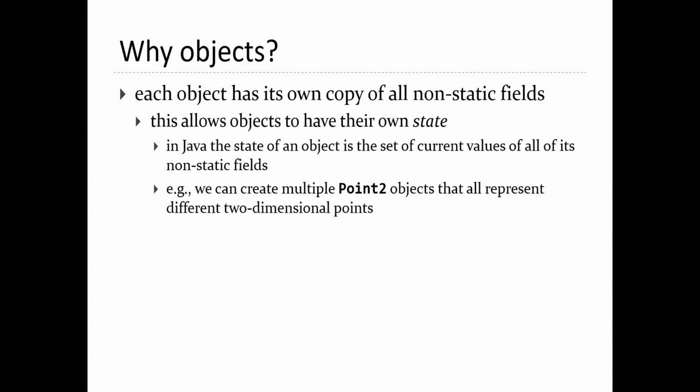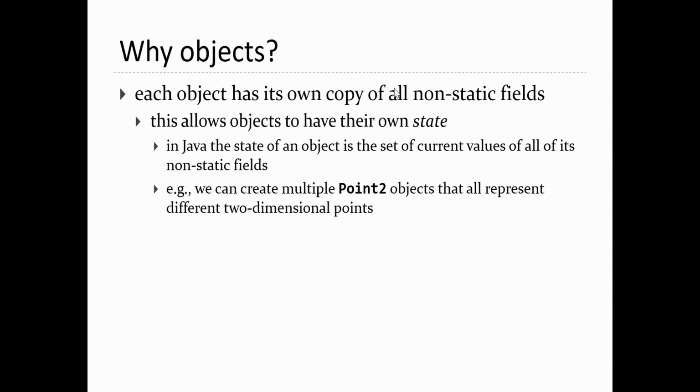Now, why do we do this? So why do we bother making a class and then create objects? So every object owns its own copy of all of the non-static fields that are defined in a class. In other words, you've got some variables in a class. If those variables are not static, then every object that you make using that class gets its own copy of that variable.